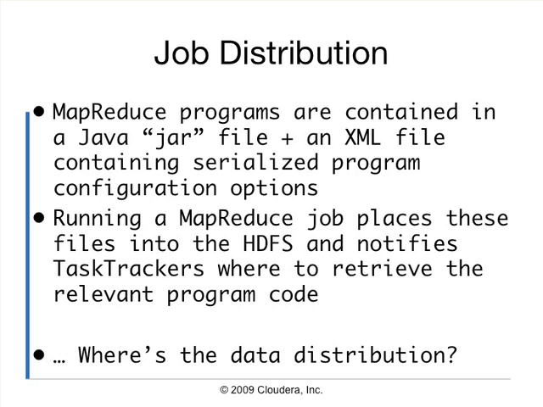It also writes out the configuration spec for the job into an XML file, which is also placed into HDFS. Then over RPC, your client computer talks to the job tracker and marshals this job object across that contains pointers into HDFS for where the jar file is and where the config file is.